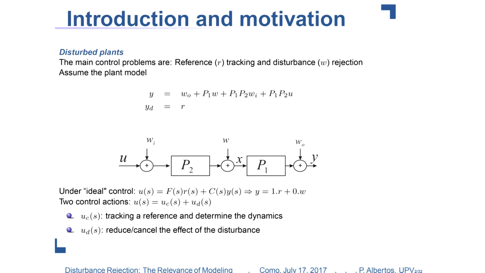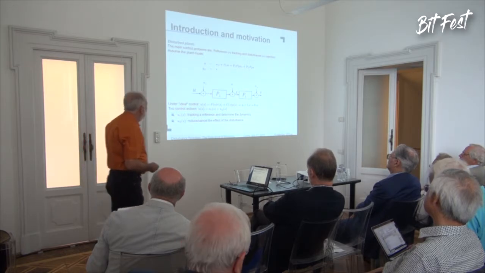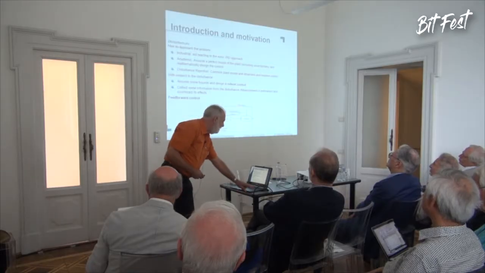So we split the control action in two parts: the control for tracking and the control for disturbance rejection. And then we can also consider internal disturbances, as we will see later on. That means that the models of the plant are not precisely known.